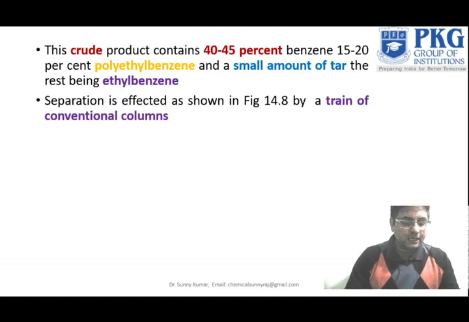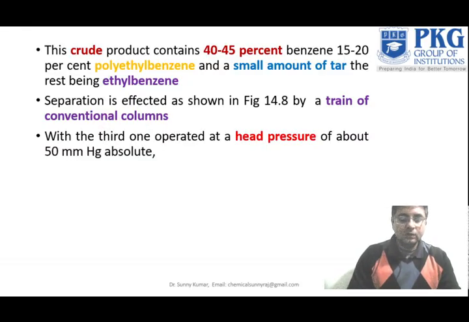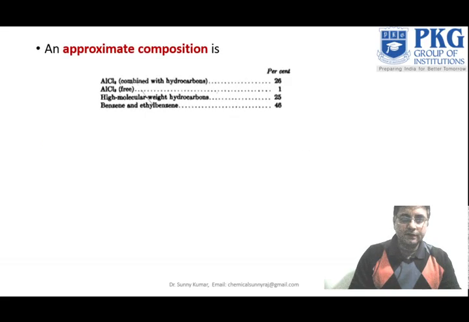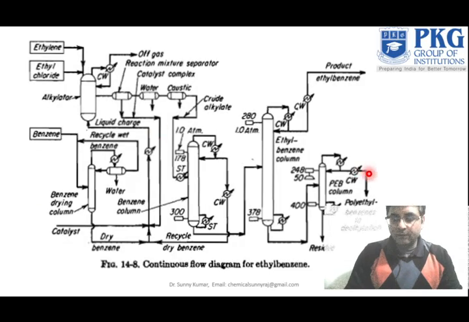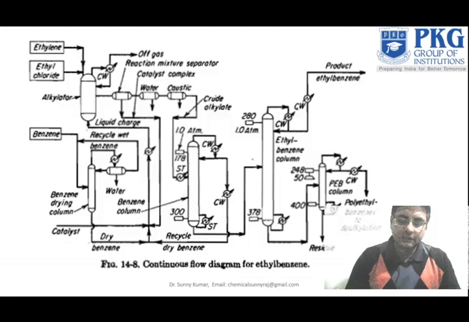So the separation is effected, as shown in figure 14.8, by a train of conventional columns. So you will see here, from the top you are getting the polyethyl benzene. Actually there are two components which we generally produce.